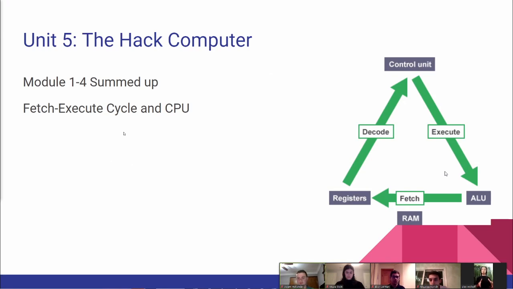Just an example of this, say you had a statement of code that was area equals length times width, length and width being variables, and area being the target variable. What the computer would have to do is it would take 4 steps to do that, 4 steps times the 3 for the fetch-execute cycle.